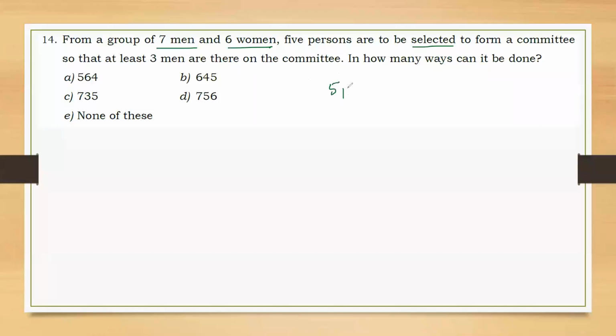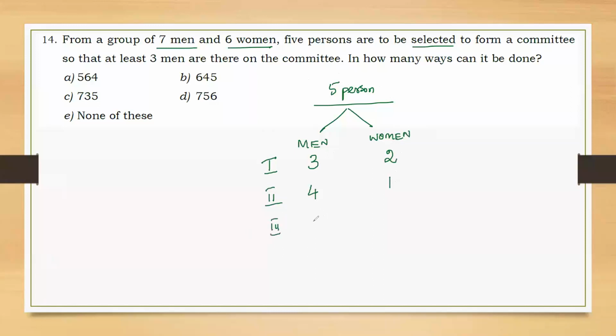Out of 5 persons, at least 3 must be men. So we have men and women combinations, and the question is at least 3 men, so we have many cases. If we choose 3 men, the remaining 2 will be women. If we choose 4 men, the remaining 1 will be a woman.